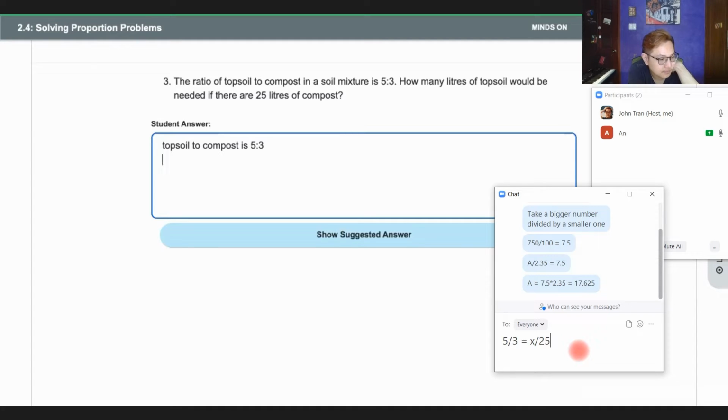So the topsoil to compost now is 8.5. No, sorry. Yeah.